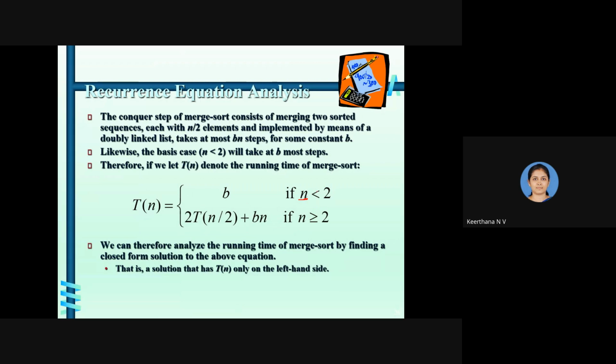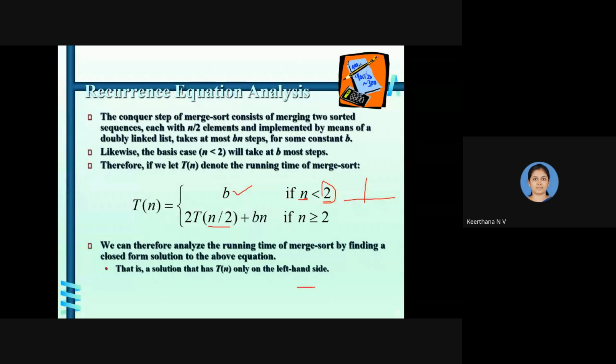If the n value is lesser than 2, where 2 means you are partitioning into two segments in your method, that's why they have considered the parameter as 2. If n is lesser than 2, you will be reporting a basic case as b. If n is greater than 2, you are applying a running time for dividing the partitions plus this.